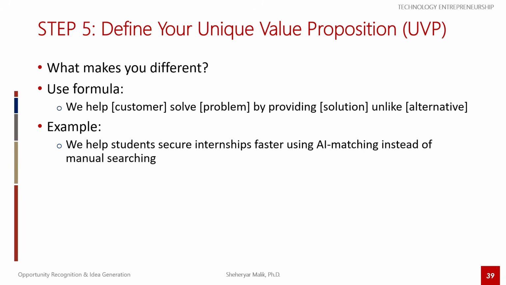For example, we help students secure internships faster using AI matching instead of manual searching. Here you are suggesting that we are using AI, whereas probably our competitors are not, and they are relying on manual searching, which results in a solution that is faster.